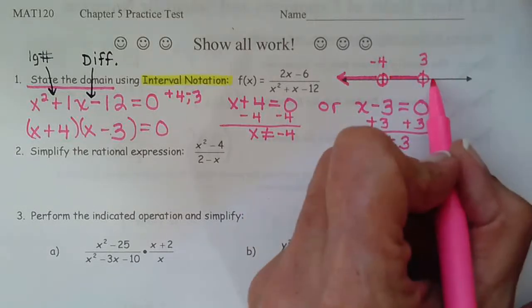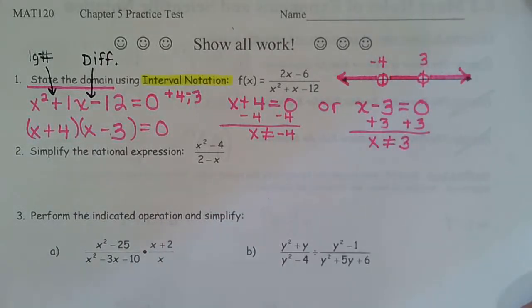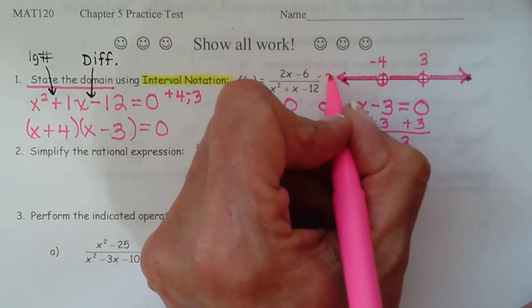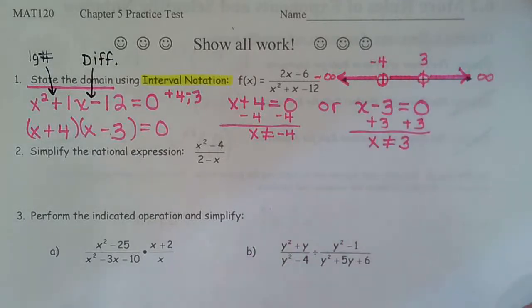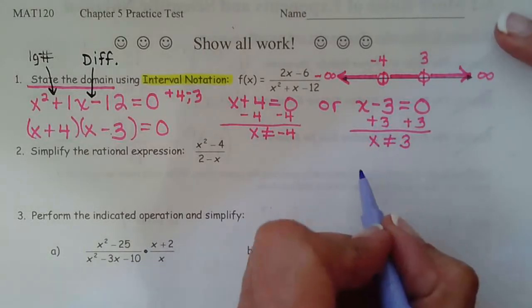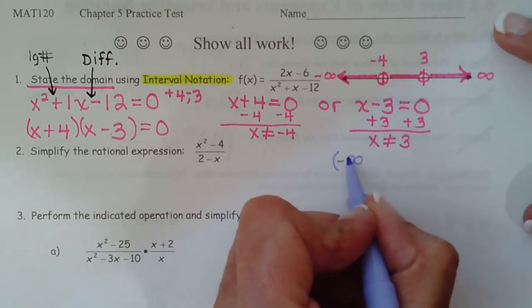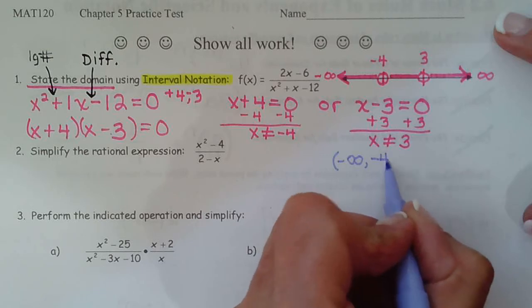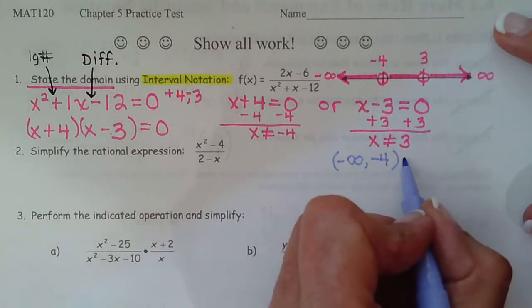So then we learned every other number in the whole world works. Anything between them, anything to the left of negative 4, anything to the right of 3. So now I need to follow that order. It's kind of helpful if you put your negative and positive infinity in. So starting on the left, negative infinity, and remember we use all parentheses because we have to show negative 4 is not included.